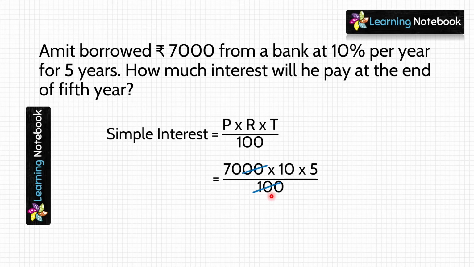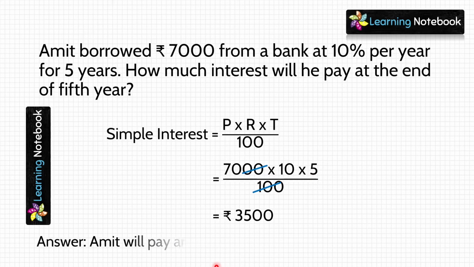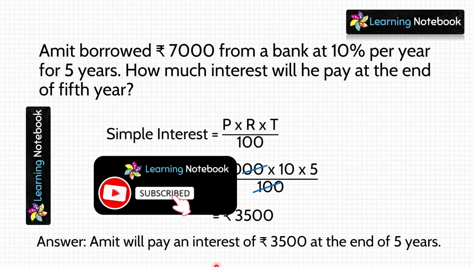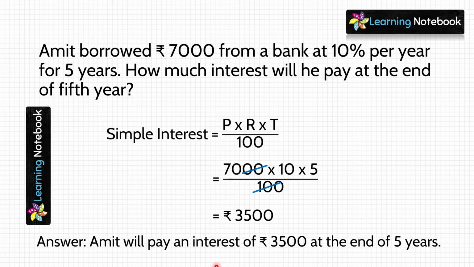Cancel zeros by zeros and we are left with 70 into 10 into 5, which is equal to rupees 3,500. So Amit will pay an interest of rupees 3,500 at the end of 5 years.